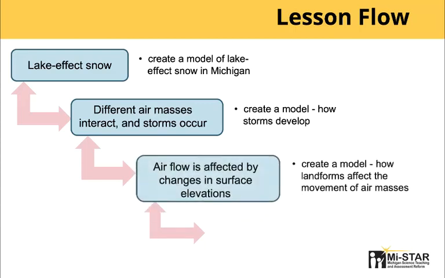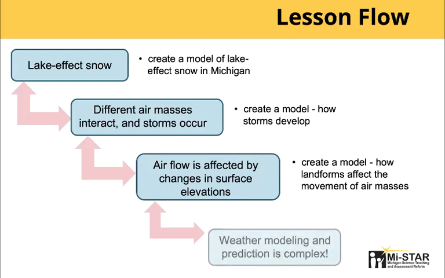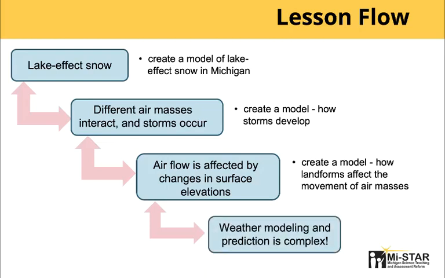Students learn how the flow of air can be affected by changes in land surface elevations and create a model of how landforms affect the movement of air masses and precipitation. Finally, since the science of weather modeling and prediction is complex, students learn that weather forecasts are given as probabilities or ranges of scenarios rather than certainties.